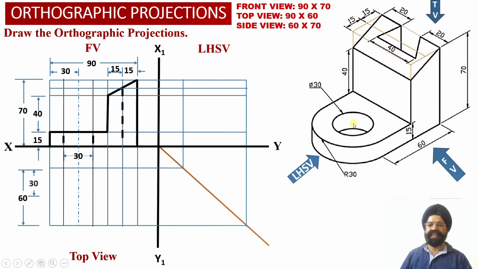So now the center of this hole will be lying at a distance of 30 millimeter from the rear face of the solid. So we have marked a distance of 30 millimeter from the rear face of the solid, and we have marked a horizontal center projector line into the top view projections, and we have transferred the center projector line into the left hand side view projections also using this transfer line.